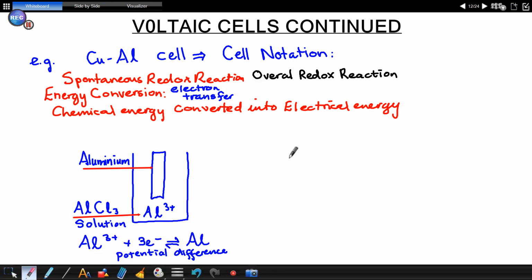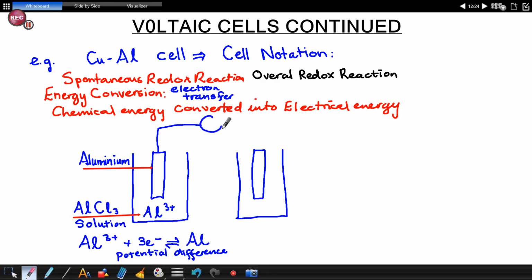Okay, let's connect this to a piece of copper. And we'll put a measuring instrument there called the galvanometer.